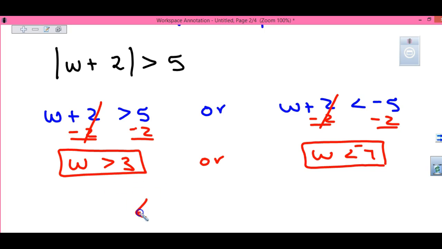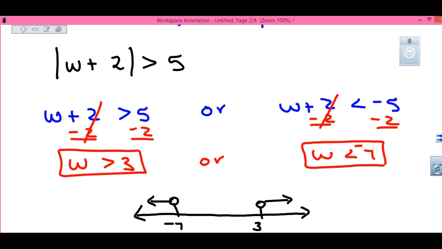And we graph them. So w is greater than 3 or w is less than negative 7.